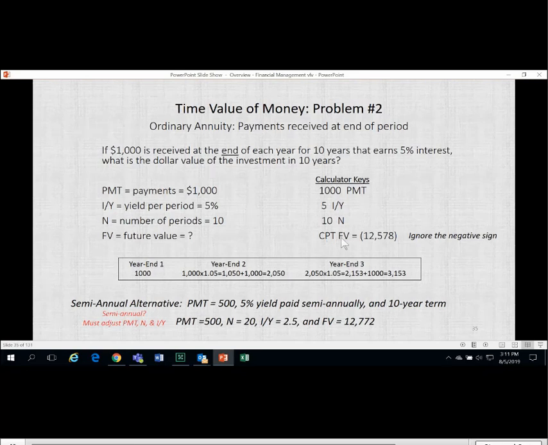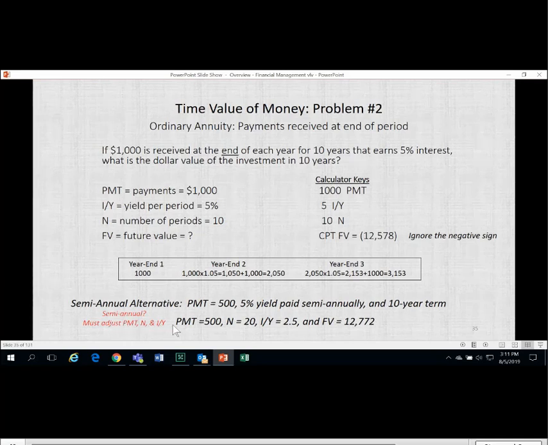Now, what if it was not an annual pay? Again, let's look at the semi-annual alternative. Suppose instead of $1,000 a year, our payment is $500 every 6 months, and the yield is paid semi-annually with a 10-year term. Okay, semi-annual, we've got to make an adjustment to payment, to N and IY.